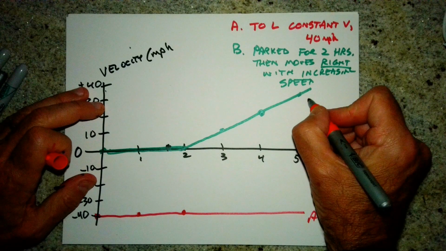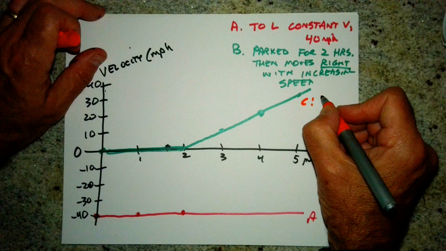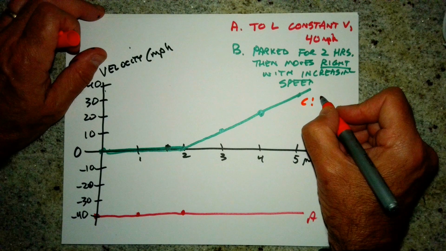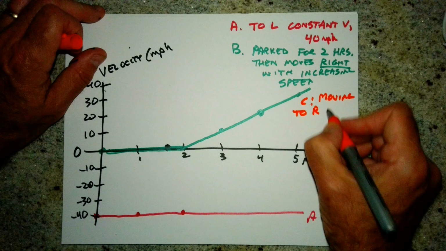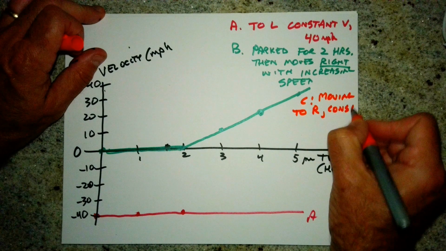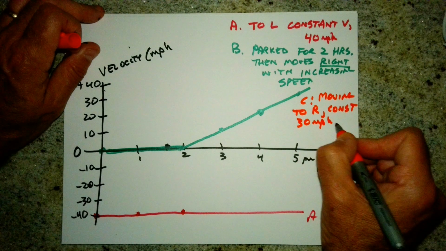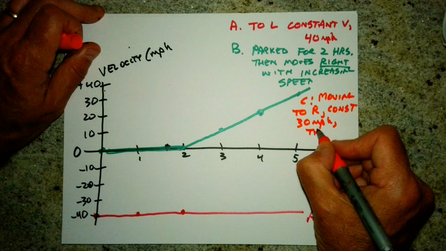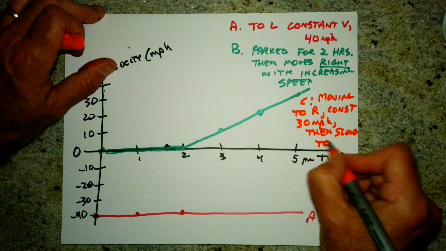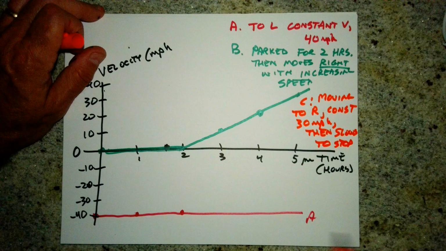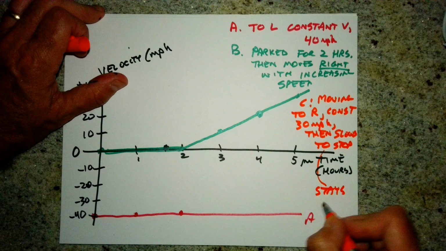Okay, next. Car C. We'll say at start it's moving to the right, constant speed of 30 miles per hour. Then slows to a stop, and then stays parked.